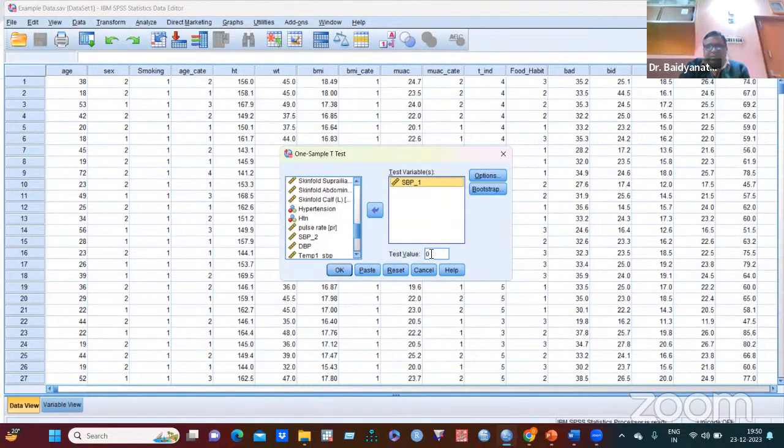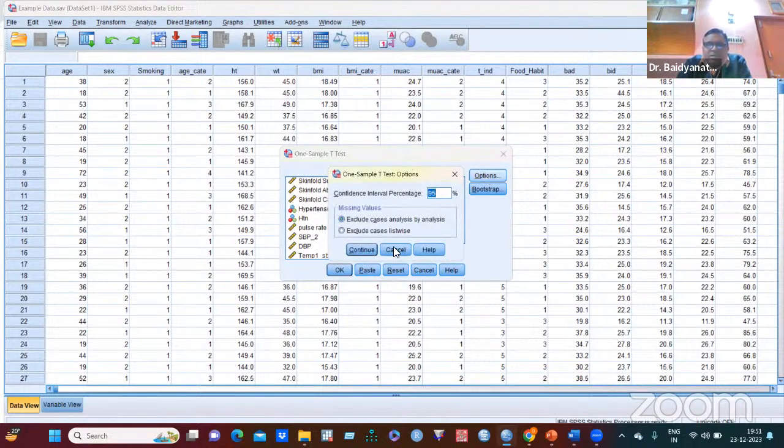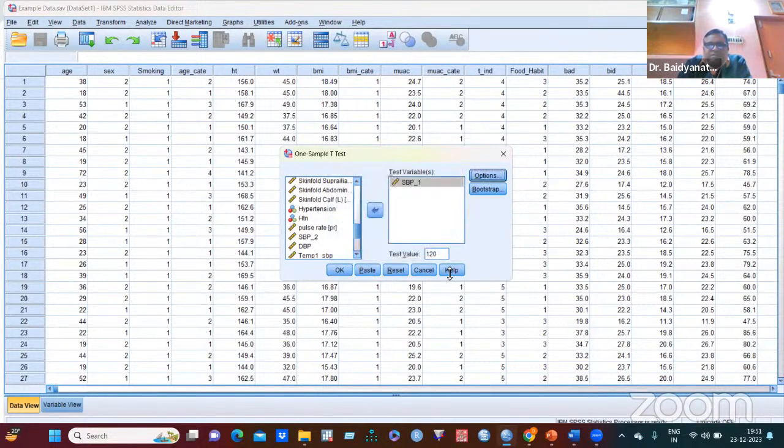Your target value may be 120, because this is systolic blood pressure, and I think this is the normal range, 120 by WHO. So I want to compare this mean and this value. Is there any significant difference or not? Here are some options; not required. Then OK.